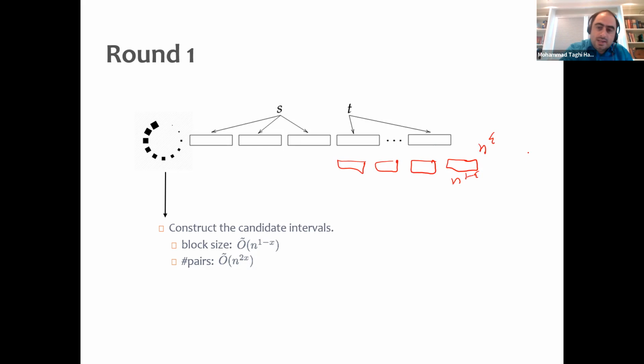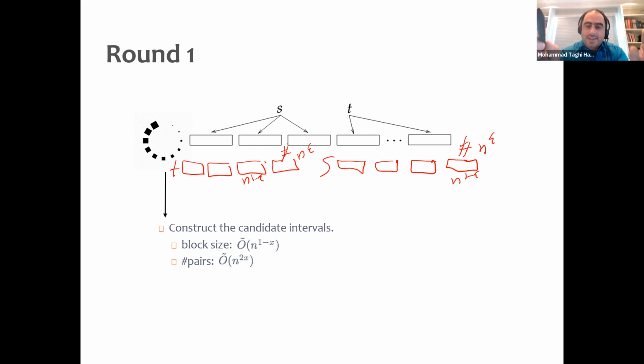The same thing for T. This is S, and T similarly. Both of them would be like this. T would be like this again, N to the epsilon blocks. Each of them is N to the 1 minus epsilon. This is the space that each of them has.